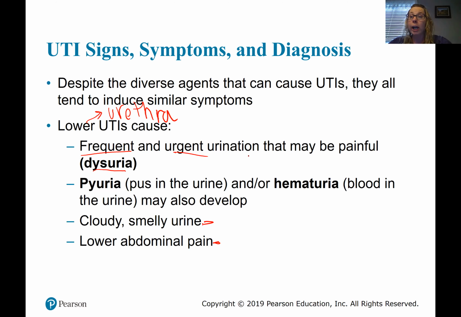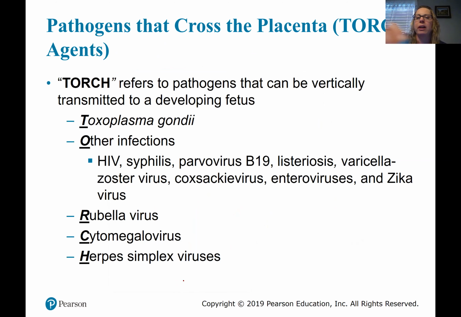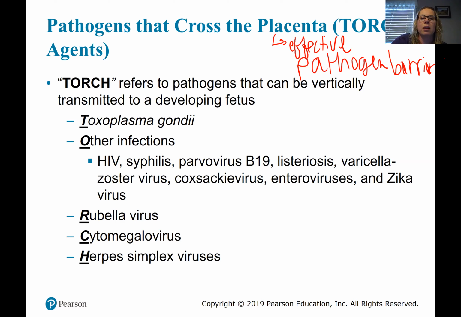The placenta forms a pretty effective barrier for pathogens. But there are some that can cross. Some pathogens can cross the placenta and enter and infect the fetus that's developing.